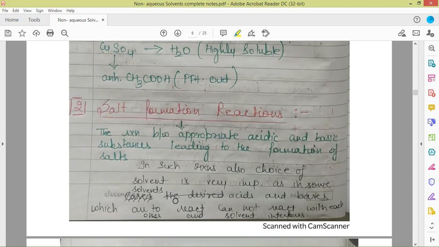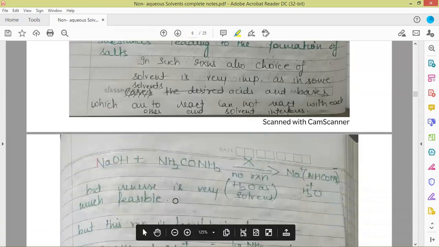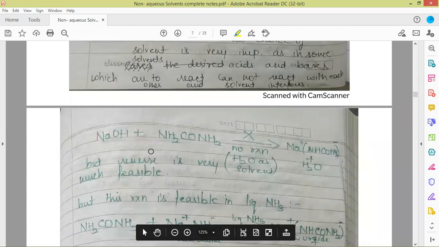So in such reactions also, the choice of solvent is very important, as in some solvents, the desired acids and bases which are to react cannot react with each other and they react with the solvent in turn, or we can say the solvent interferes in such reactions. Say here we have an example.